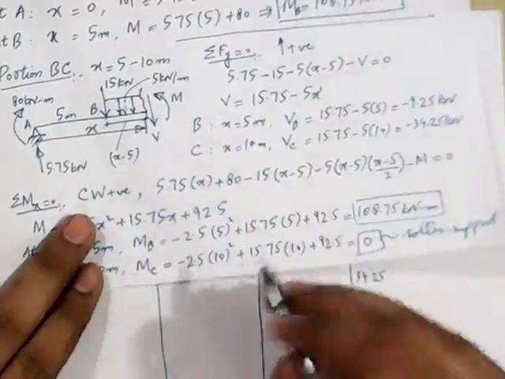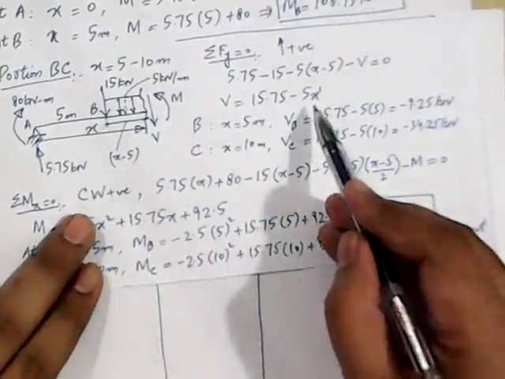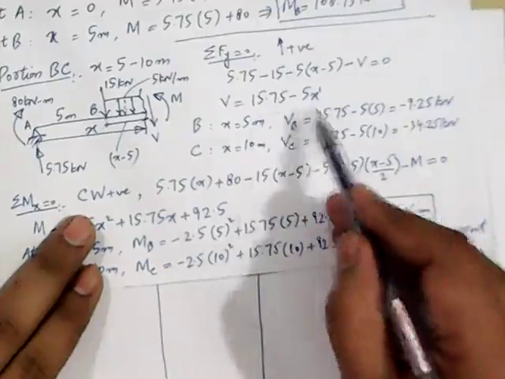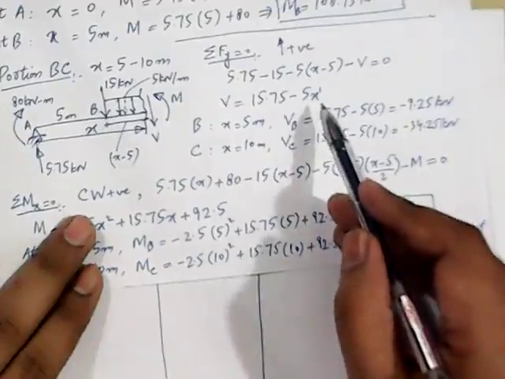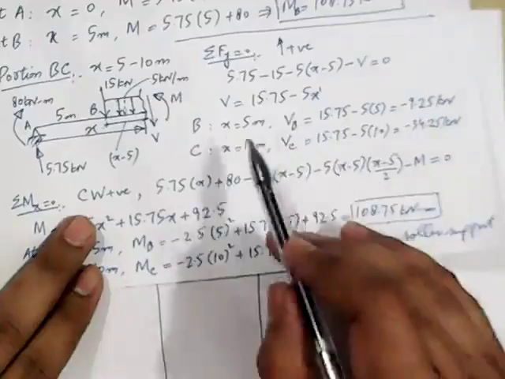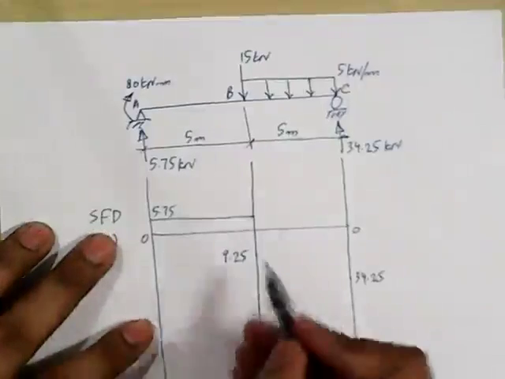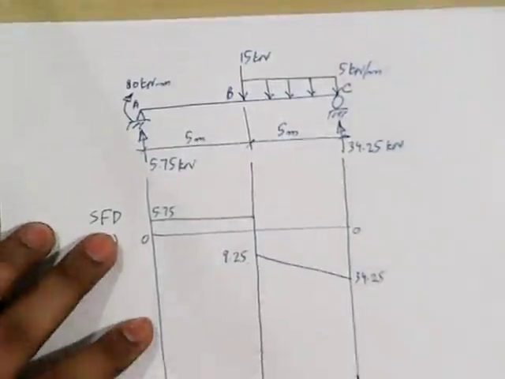What do we mean by degree of equation? By degree of equation, we mean the highest power of x involved in that equation. So in this case, x is appearing in only one term, and the power of that x is 1. So the degree of this equation is 1, which means that this line should be a first degree line. So from this point to this point, we will draw a linear line.